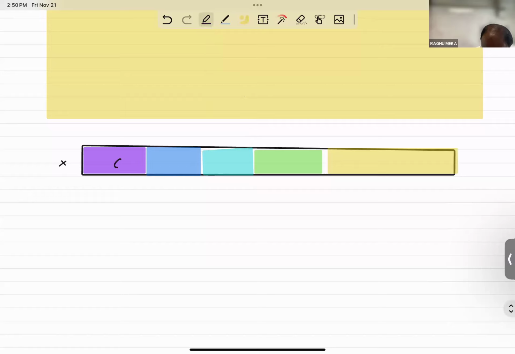I can write it as, let's say, A, B, C, D, E. Thankfully, we only need five pieces.